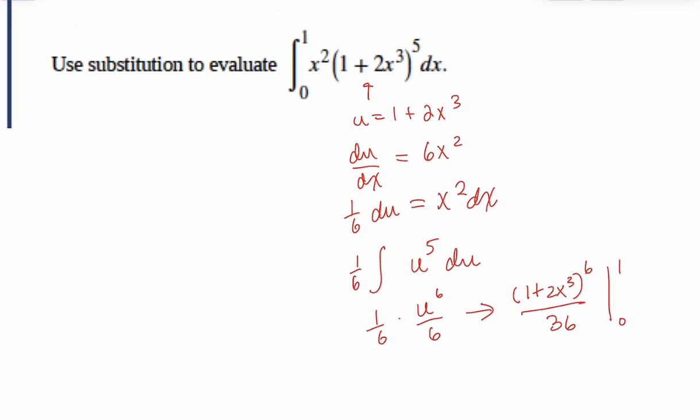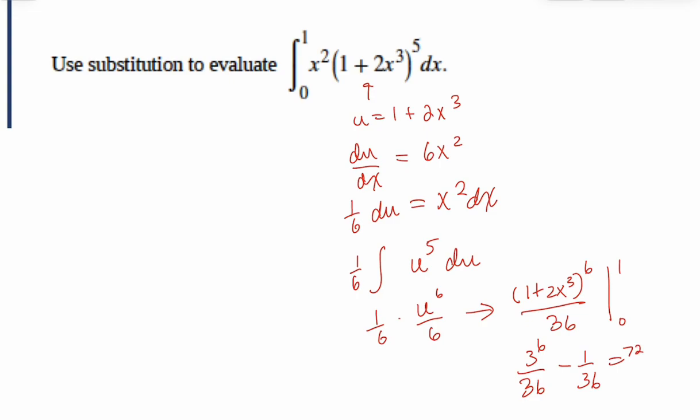So our boundaries are going to be, if we stick in 1, we get 3 to the 6th over 36, minus 1 over 36. So 3 to the 6th is 729.